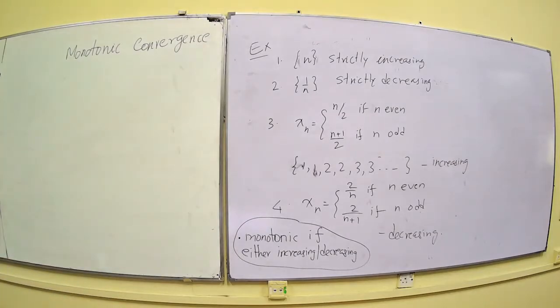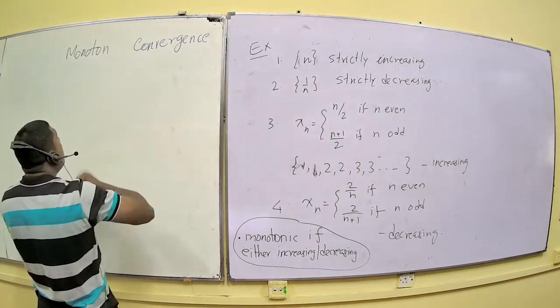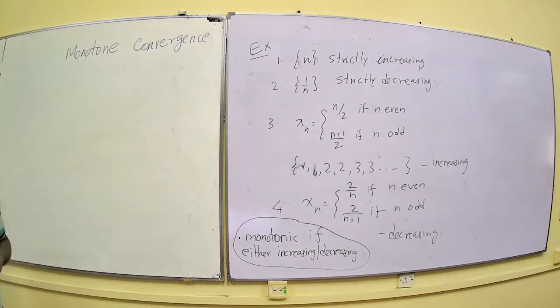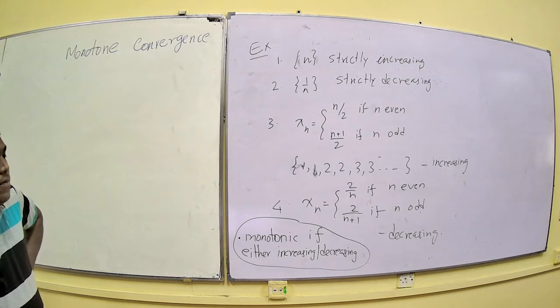This monotonic convergence theorem, also known as monotone convergence or monotonic criterion, says something about the convergence of a monotone sequence.